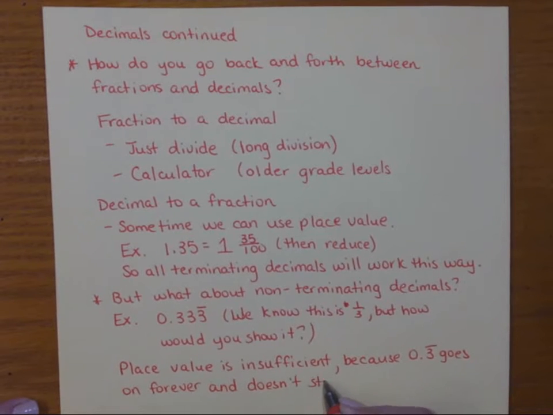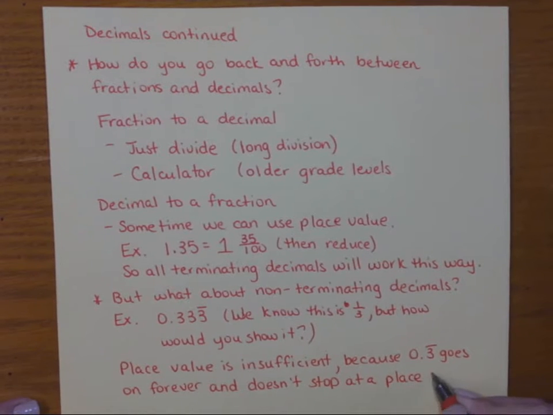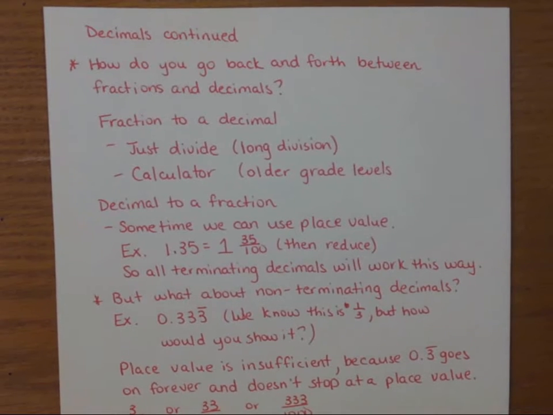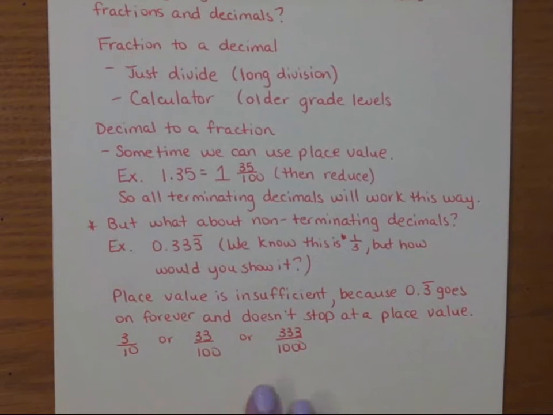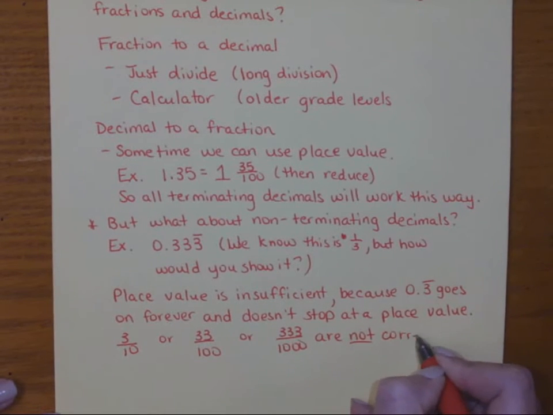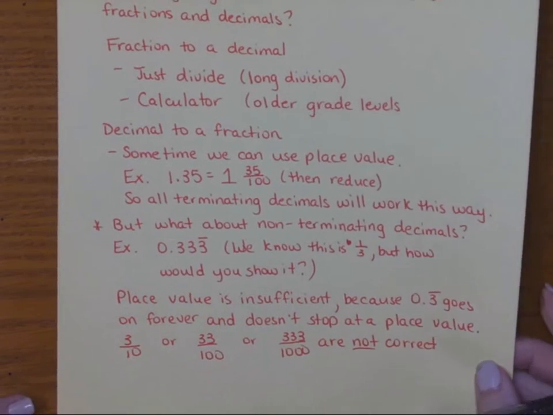Usually I have my students in my face-to-face classes brainstorm this, because a lot of times we think about 1/3 as being maybe 3/10, or maybe 33 hundredths, or maybe 333 thousandths. This would be 0.3, this would be 0.33, and then this would be 0.333. But none of those take care of a decimal that just doesn't end.